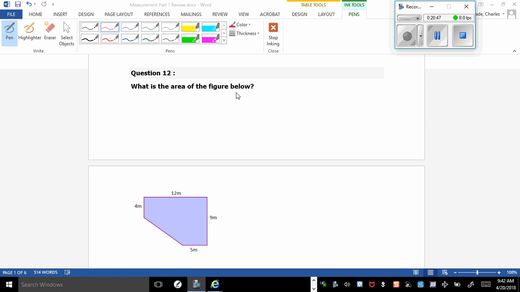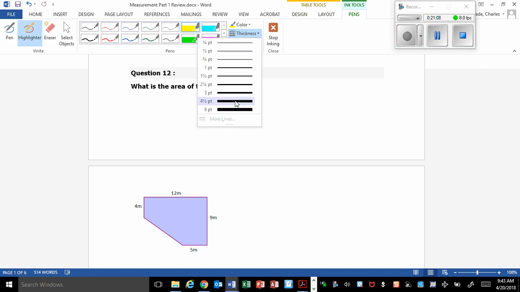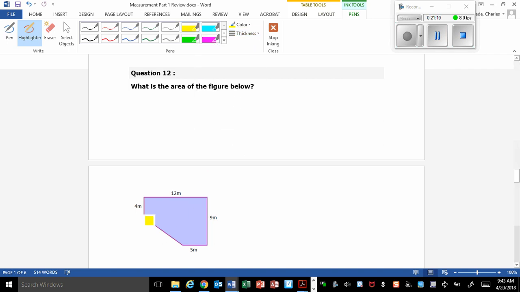All right, question 12. What is the area of the figure below? Now, this is one of those composite shapes that we are going to have to cut into pieces or slices to make different regular shapes that we have formulas for on your formula sheet. Now, here's what I'm going to do. You can do it two ways.